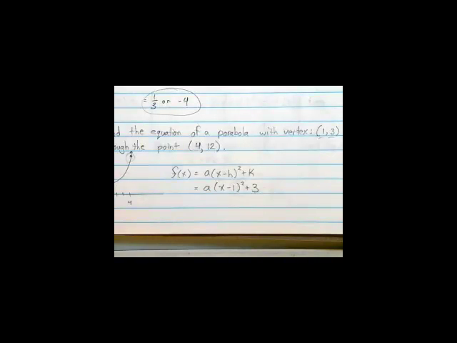What's the only other thing we need to know about this equation to write it out completely? A. So what do you suppose I can do? Yeah, this point is another x and y that is on that curve. So if I plug in that x and that y, I can then solve for a, and I got it.